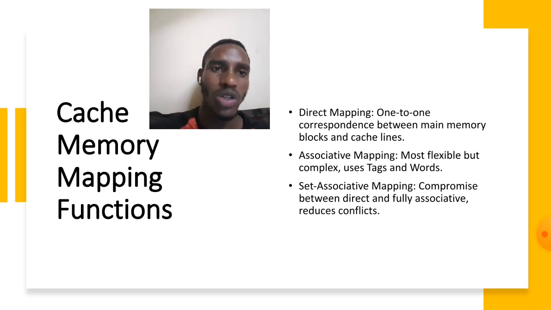It's not directly one-to-one. It could be stored anywhere, but these cache lines have been broken into different sets, and this helps to prevent contention, which is very likely in the case of direct mapping, as a word may be stored in the same cache line as another word, and this will cause contention.